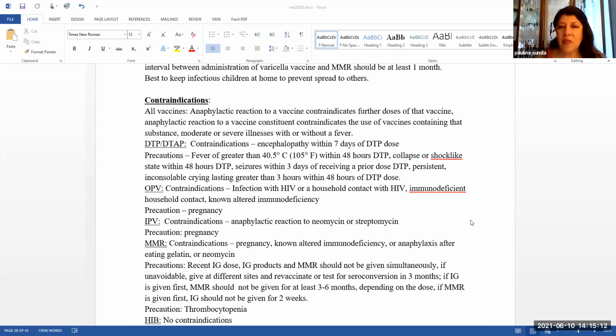Precautions include a fever greater than 105 within 48 hours of having the DTaP, collapse or shock-like state within 48 hours of the vaccine, seizures within 3 days of getting the vaccine, and persistent inconsolable crying lasting more than 3 hours.